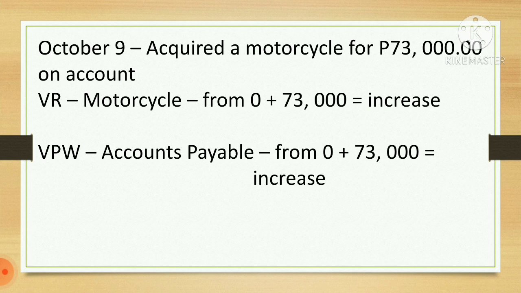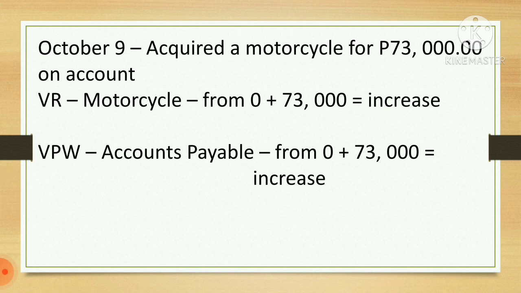Now you have to remember, when we say on account, did the company pay cash or what? You have to take note of these two words. On account means it's not paid yet. That means the company is indebted.